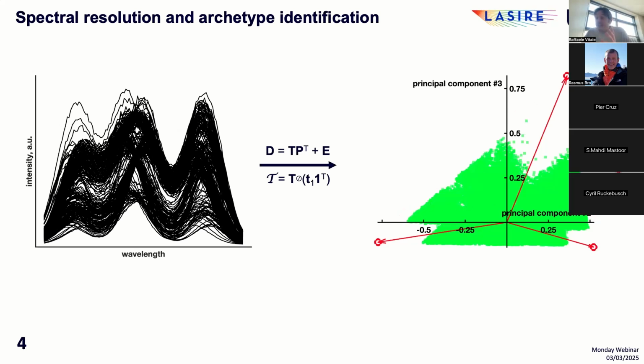Of course, here, archetype identification will not directly enable the resolution of this data set, for which proper multivariate spectral unmixing approaches would be required.